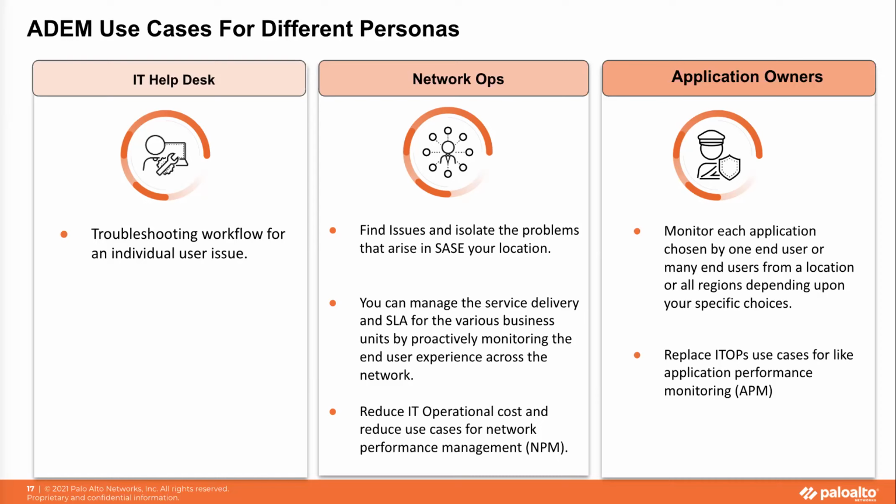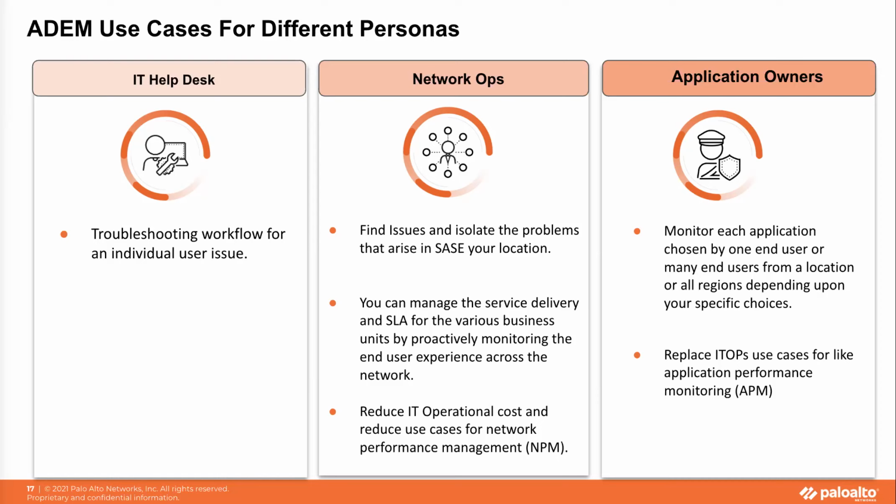This is especially true when the true issues may be due to Wi-Fi utilization or performance issues that might be affecting the overall end user experience, and an experience score may normally be hard to pinpoint without ADEM.